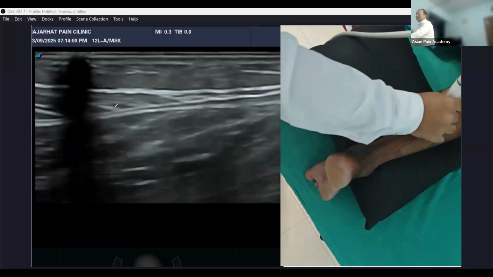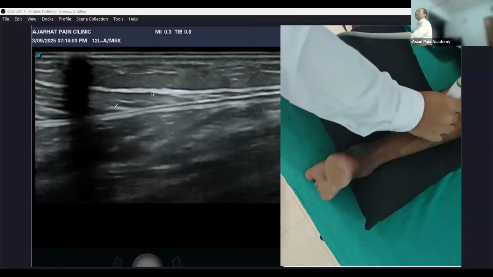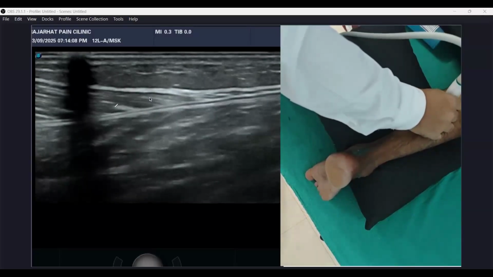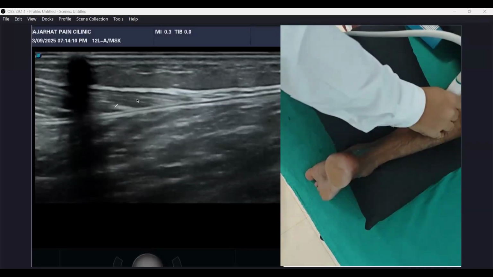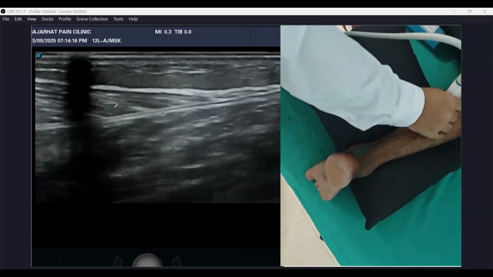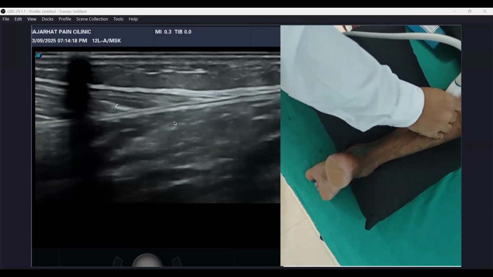Can you see one muscle starting above? This is what? Gastrocnemius. Yes, gastrocnemius starts above the tendon. Soleus is below the tendon.